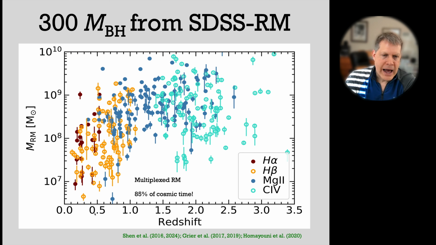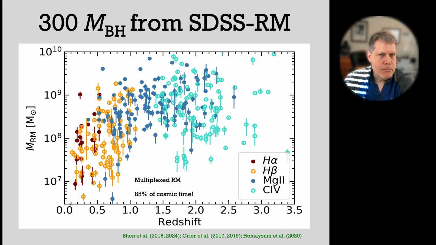And over a wide range of redshift, using multiple lines, people have measured black hole masses directly, spanning about 85% of cosmic time and reaching through to the peak era of supermassive black hole growth. So that's quite nice that this can be done.